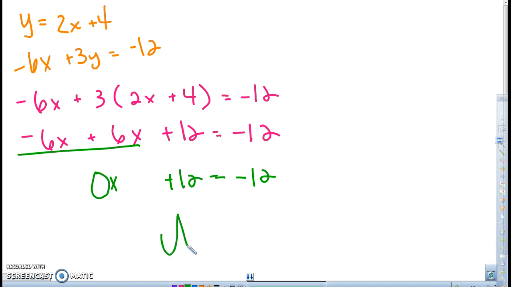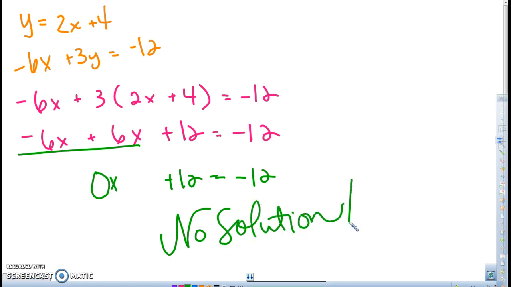No, so I should get no solution. Okay, if this is not true, it's no solution. What happens if it would be true? Good, you would get infinitely many solutions, or IMS.